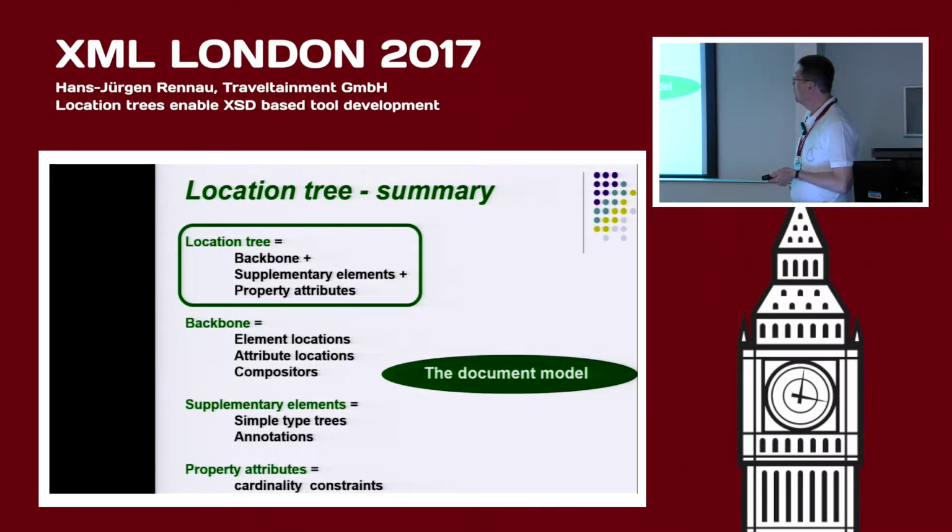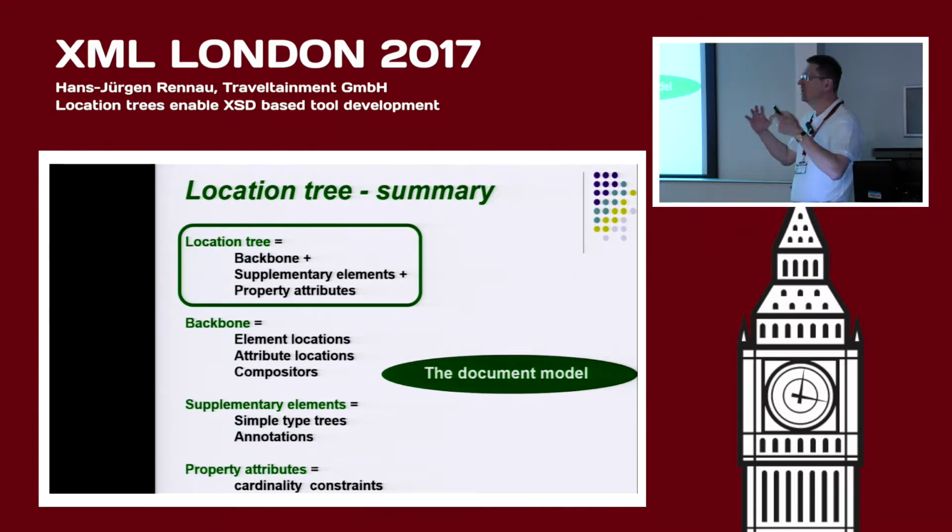All right, now we can summarize what this is, a location tree. Again, a location tree is an XML representation of a document model as it is implied by the schema. A location tree consists of a backbone, supplementary elements, and property elements. The backbone gives you the structure.